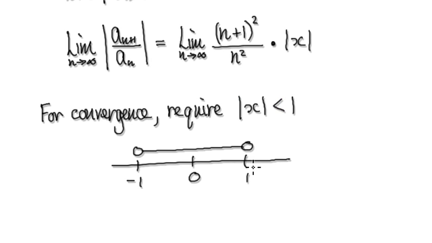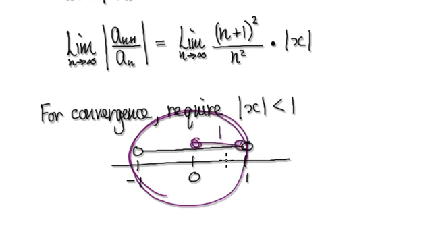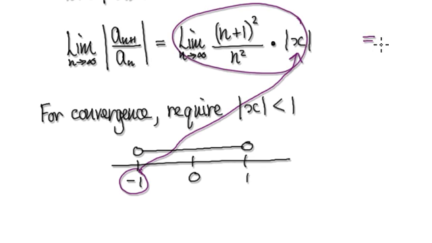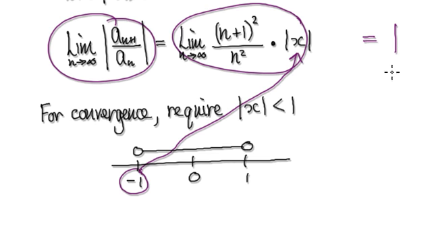That means the radius of convergence here is 1, and the interval is anything strictly greater than -1 and strictly less than 1, which we know is going to converge. But at -1, if you put it in here, this whole thing will be equal to 1, and whenever this value equals 1, it's inconclusive.